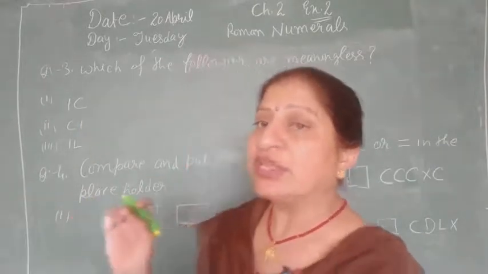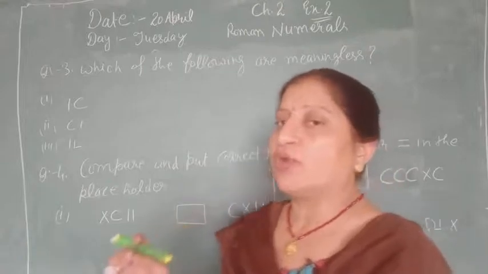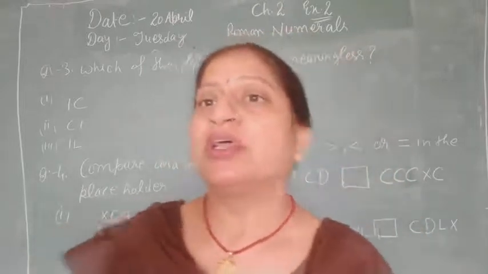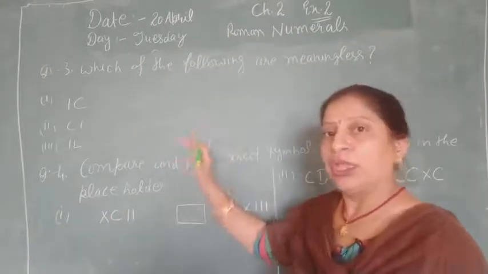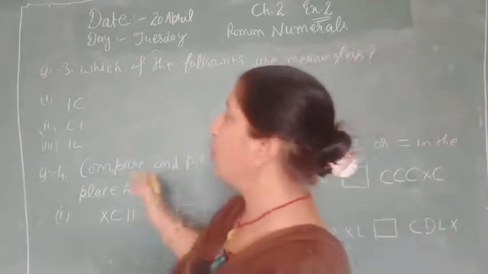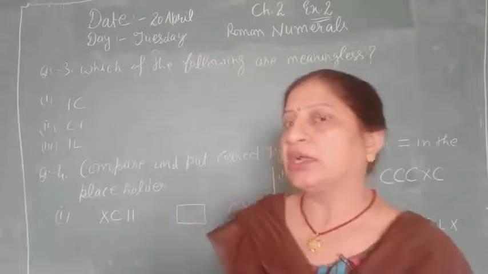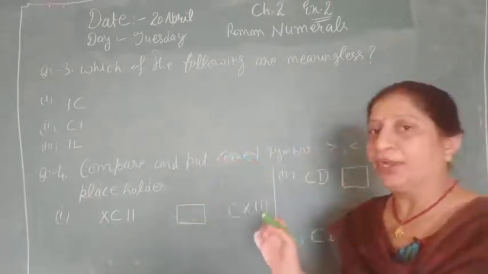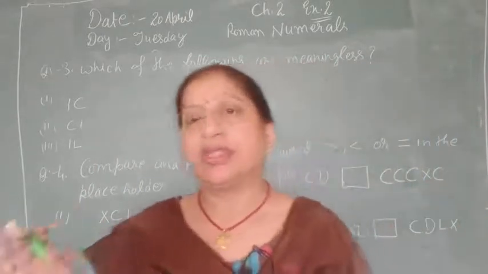So for this we have to use the rules which we followed in our previous video. In the previous video we learned that a number is repeated a maximum of 3 times.